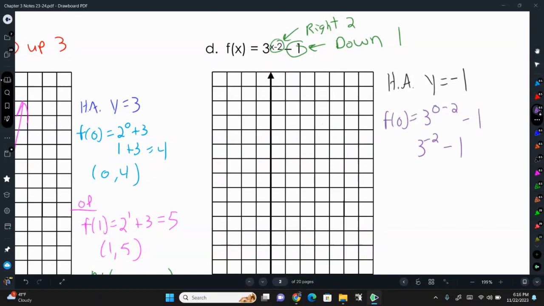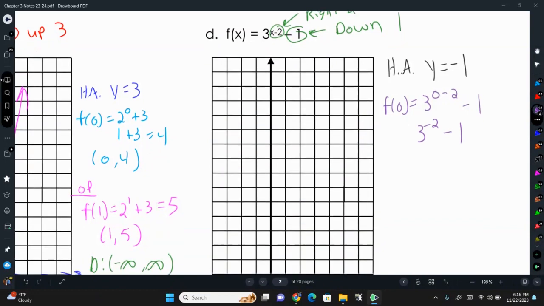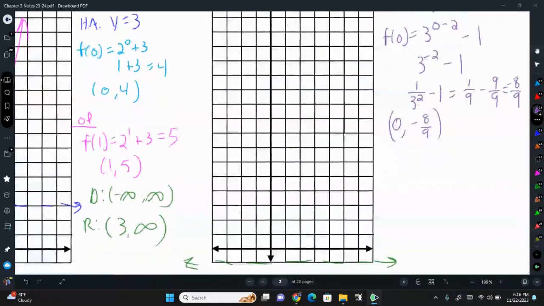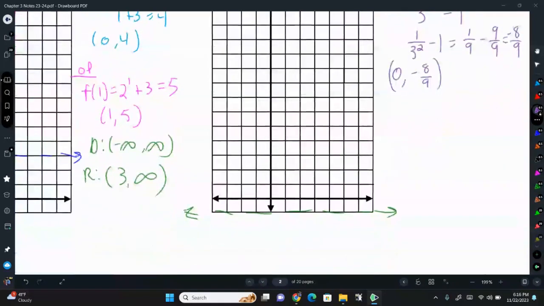Well, 3 to the negative second is 1 over 3 squared minus 1, which is going to be 1/9 minus 9 over 9, which is negative 8 over 9. So we're going to have 0 comma negative 8 over 9. And like our other graphs, I'm not looking for it to be perfect, but it shouldn't be at negative 1, but it should be really close.